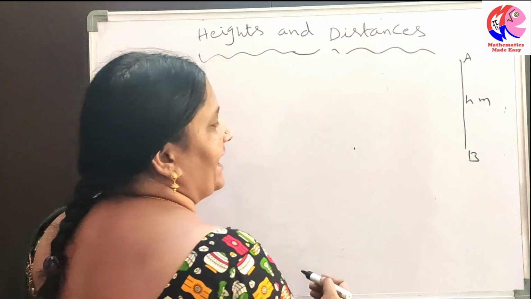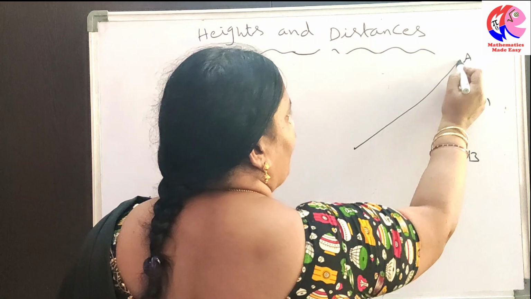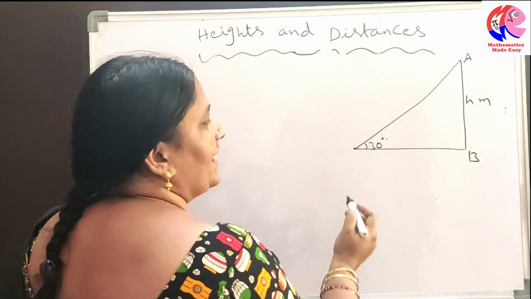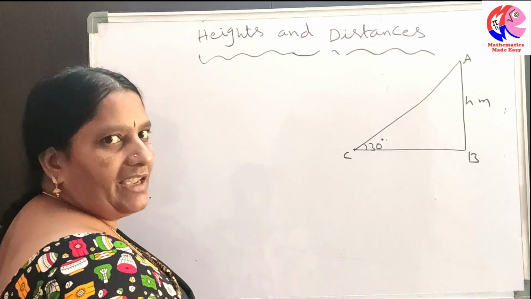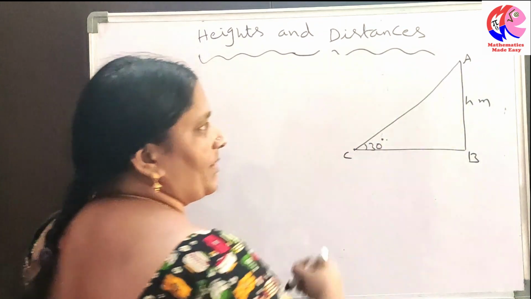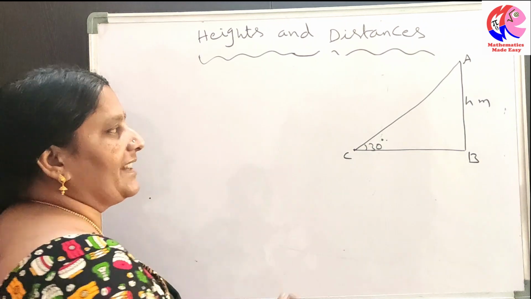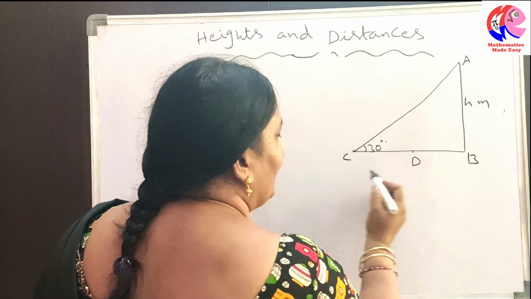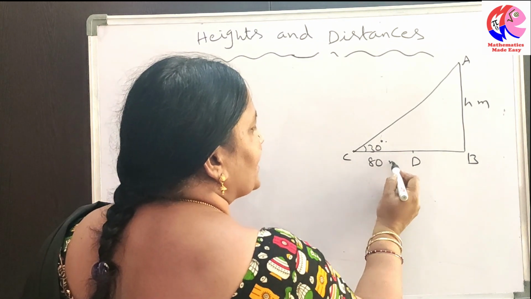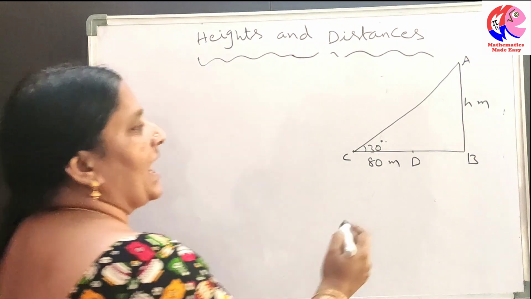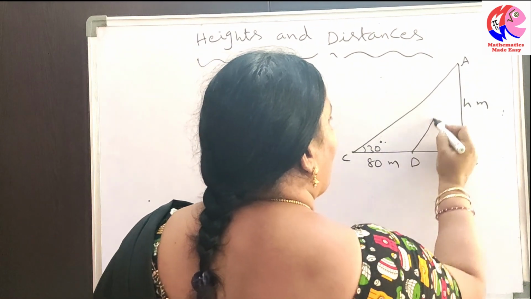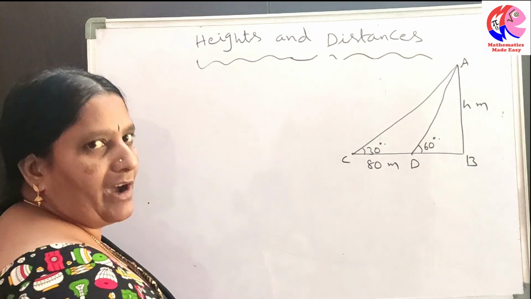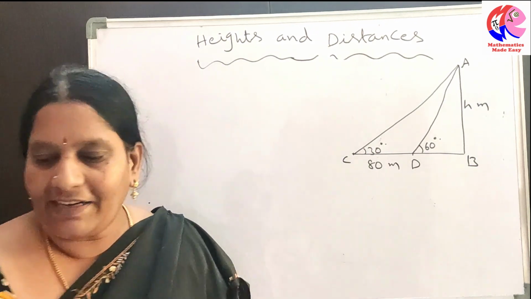Suppose a person is standing here and he observes the top of the tower with angle of elevation 30 degrees, and let us say this is point C. From point C he is observing the top of the tower with angle of elevation 30 degrees, and he is moving from point C to point D. The distance between these 2 points is equal to 80 meter, given, and again he observes the top of the tower with angle of elevation 60 degrees. Now we are going to find the height of the tower.